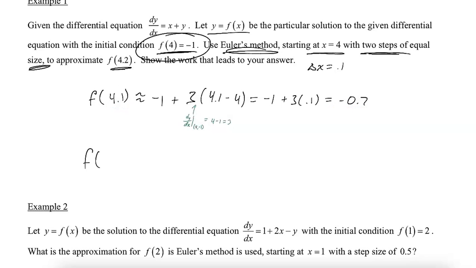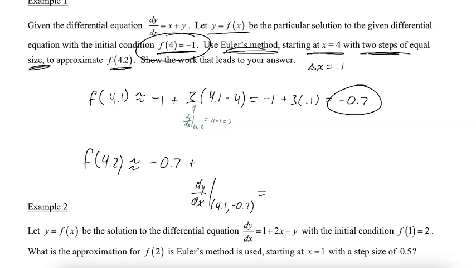So to estimate f of 4.2, what I'm really trying to estimate, it is the y value of my previous point, so negative 0.7, plus my slope, so dy dx, at 4.1, negative 0.7, equals 4.1 plus negative 0.7, which is 3.4.